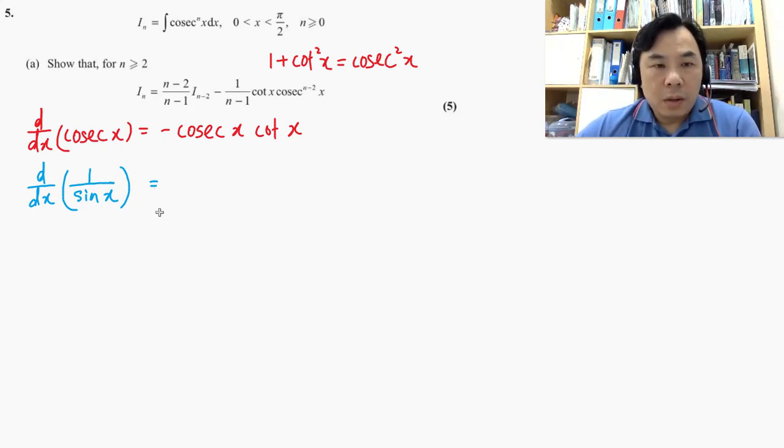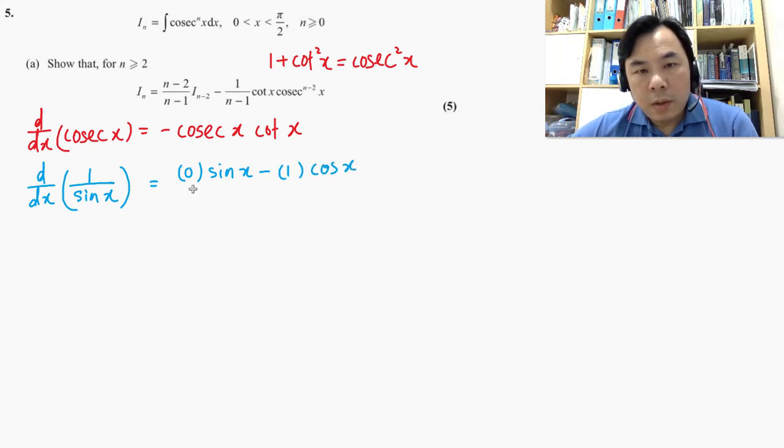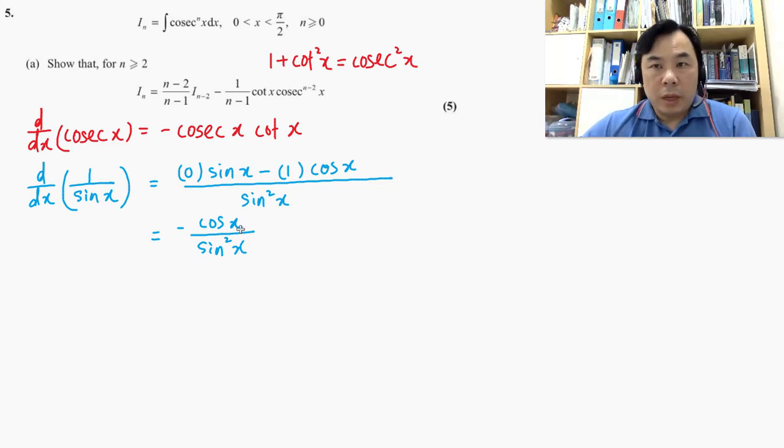If I apply the quotient rule, that would be 0 times sine x minus 1 times cosine x, divided by sine square. Simplifying, I get negative cos x over sine square.